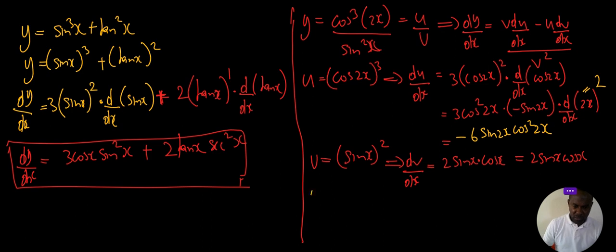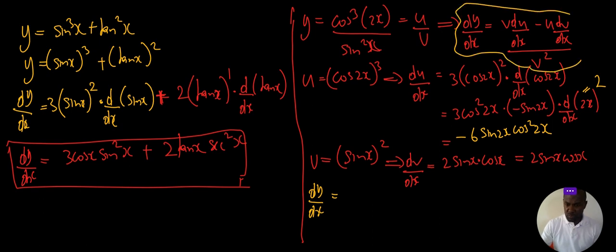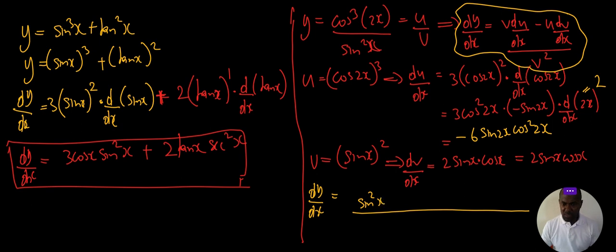And then now, dy by dx equals, so again we're using not the chain rule but the quotient rule. According to the quotient rule, dy by dx is equal to v du by dx minus u dv by dx all over v squared. So let's just draw the line. v is sine squared x, so this is sine squared x times du by dx, which of course is negative 6 sine 2x cos squared 2x, minus u.